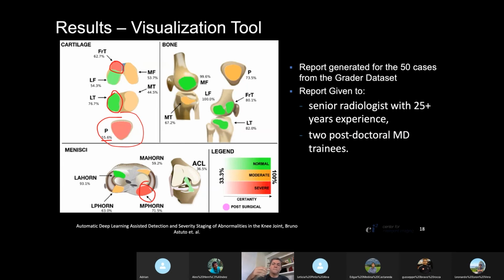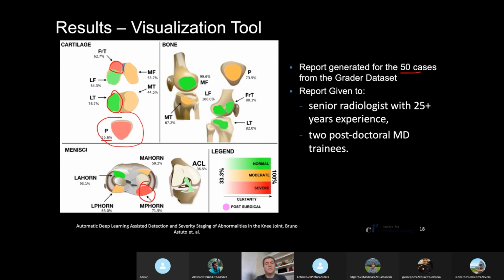So we acquired 50 other images, and we ran our full pipeline on these 50 other images, and the pipeline in the end gives us a PDF with this image for each one of the 50 cases.